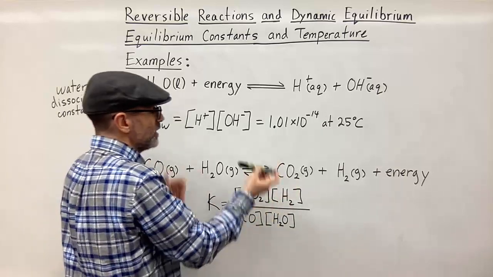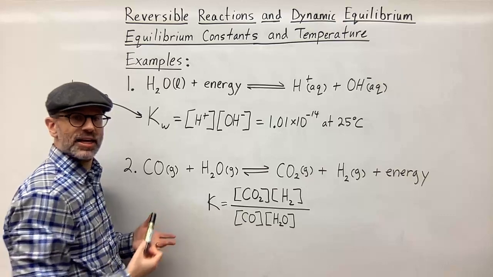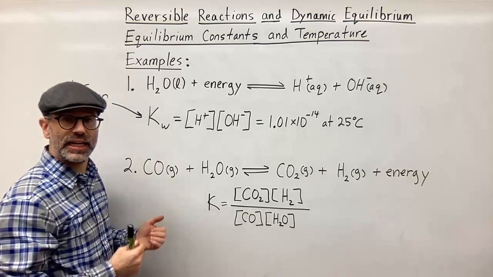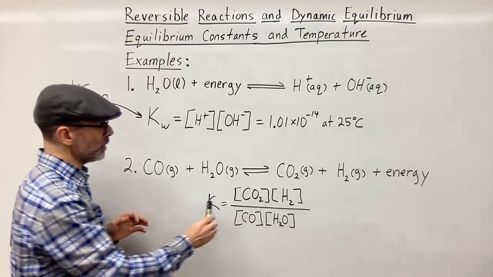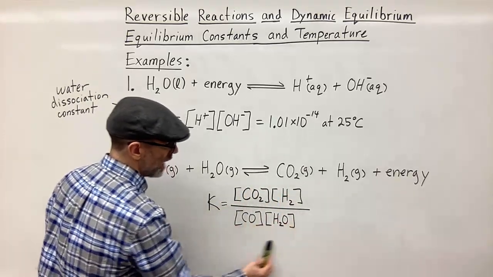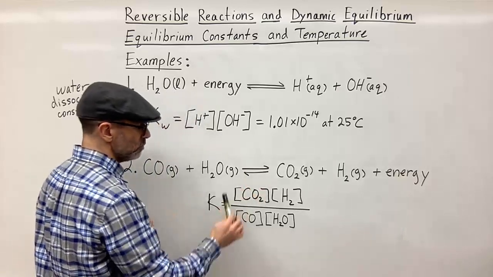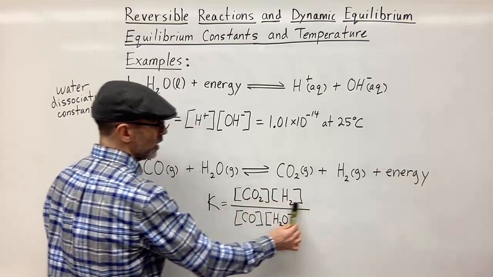So when I raise the temperature, I'm going to favor the formation of reactants, and the reactants are going to increase at equilibrium. So I'm going to have more reactants at equilibrium, which is down here, sorry. So the denominator is going to increase, and the numerator is going to decrease.